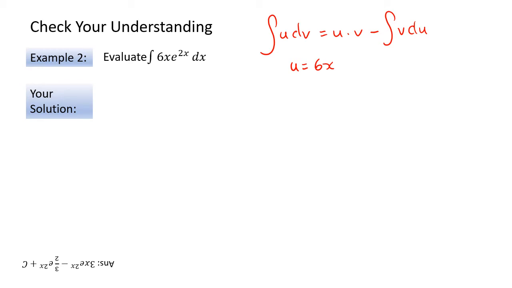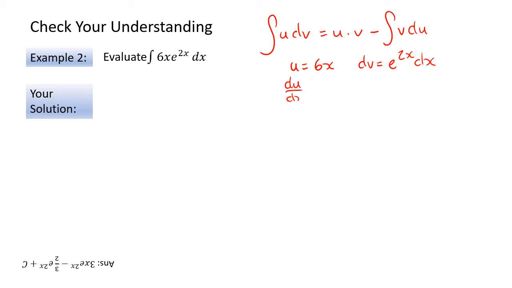It hasn't really steered me wrong in all the time I've been doing calculus, but it's totally up to you in terms of which one you want to pick. One will usually yield easier integrals and slightly easier derivatives. So I'm going to pick u as 6x, and the dv function being the remaining piece, e to the 2x dx. So now I need du.